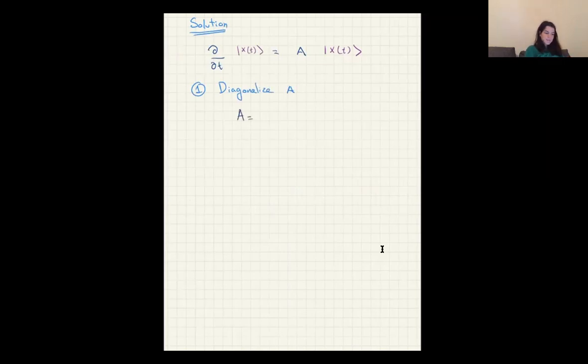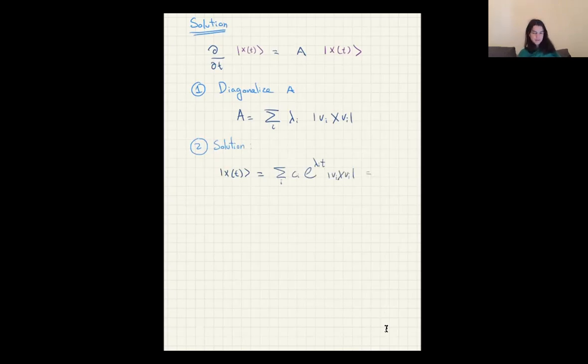So if we can write A as the sum over i of some eigenvalues times some eigenvectors, then the solution is kind of the same as for the other simple differential equations, which is x of t becomes just the sum over i of some c_i e to the lambda_i t v_i, which is kind of the same in spirit as having just the exponential of the matrix times some x at time 0.